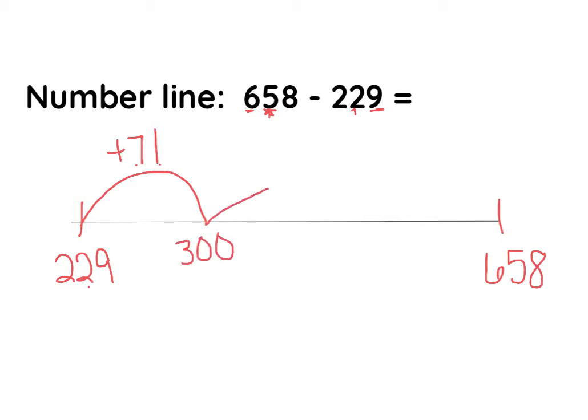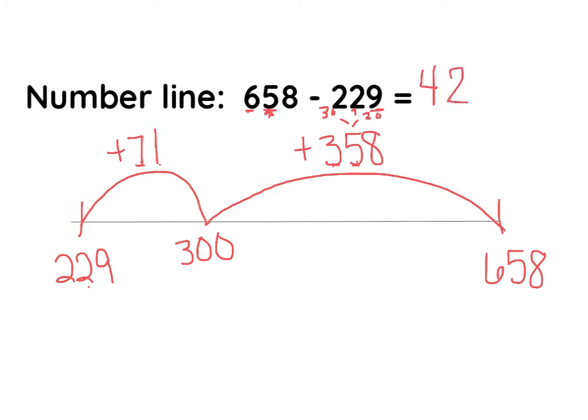Now, how do I get to 658? I add 358, which is pretty hard to do mentally, but let's work it out. We have a 300, but then when I look in my tens, I can see I'm going to make another 100 because there's a 70 and a 50, so a 30 would make that 800, and I would have a leftover 20, so 420. 8 plus 1 is 9.